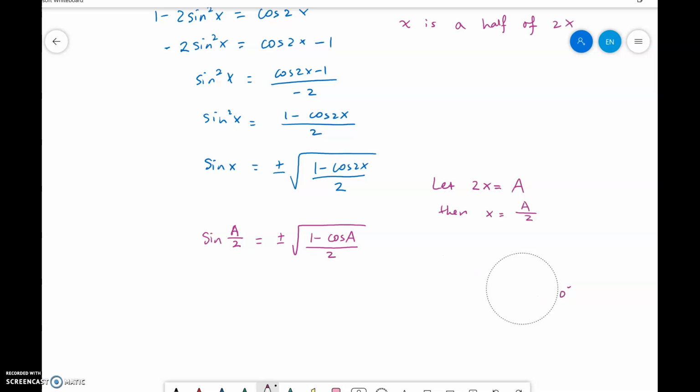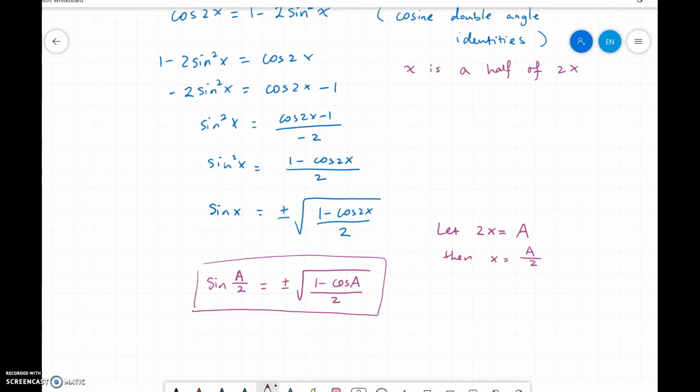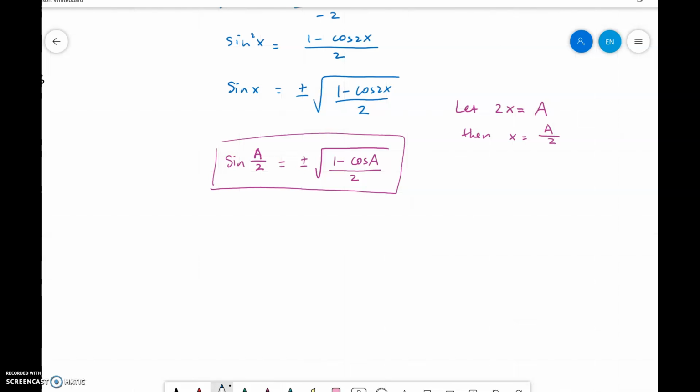This is one of the formulas, so I'm going to continue. I'm going to go back to the beginning and restart from cosine of 2x. This time I'm going to use the cosine version.